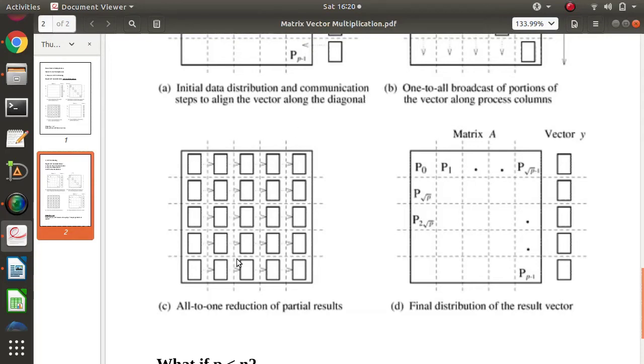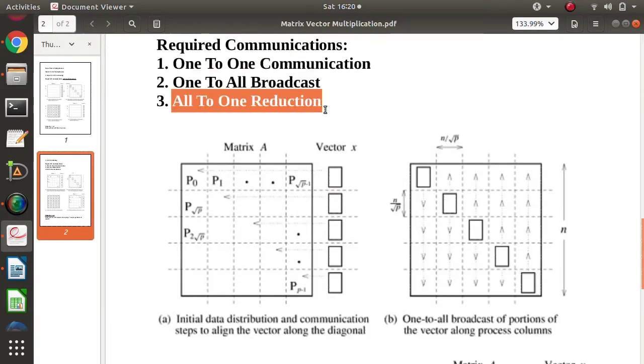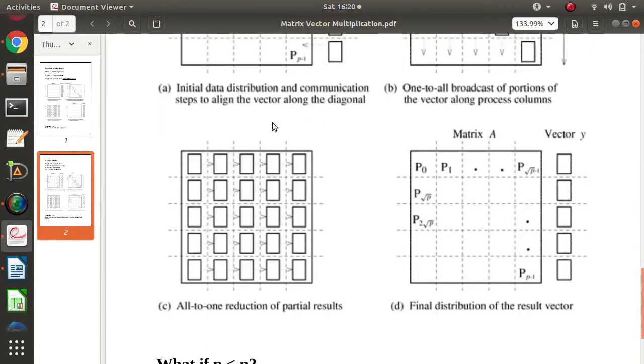Again, all the processes will transfer their intermediate multiplications to these processes. For that, they require all to one reduction. Why all to one reduction? Because all these processes are sharing their values to one process. Finally, these processes will have the final result.